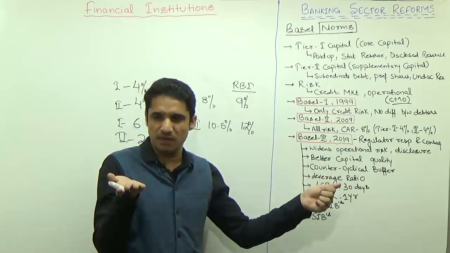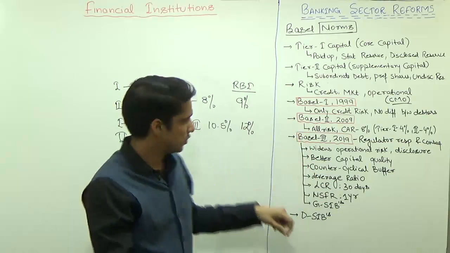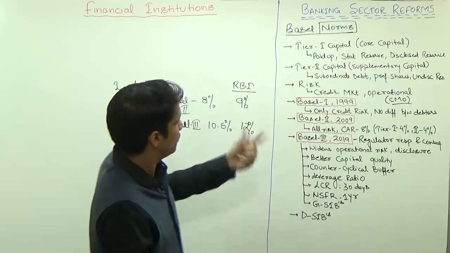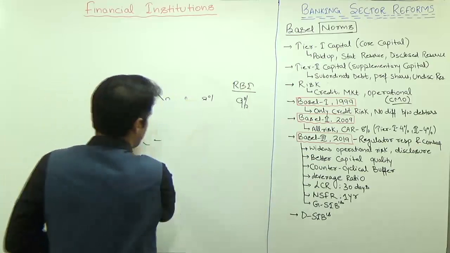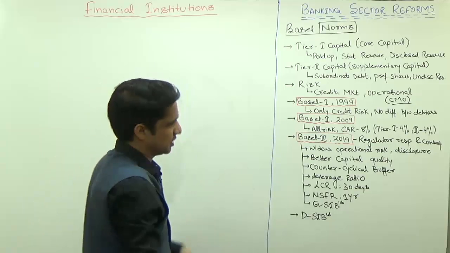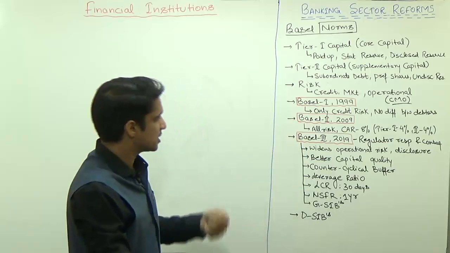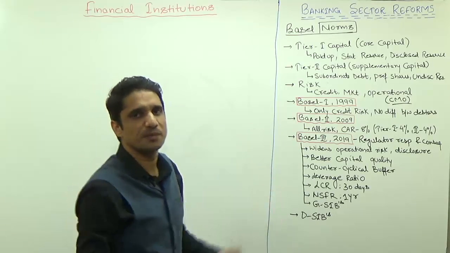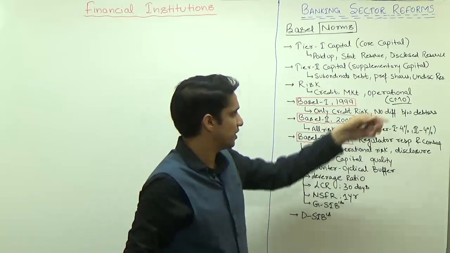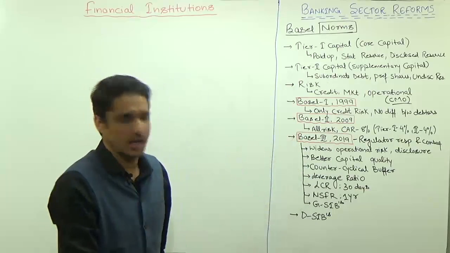When the recession came, it clearly shows that Basel 2 failed miserably. So when Basel 3 came, it was because of the regulatory failure. Following are the new things which were added in the Basel 3 norm. It widens the scope of operational risk, the third type of risk. New things have been added.